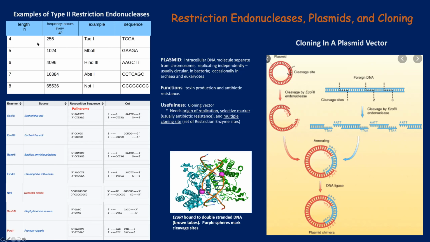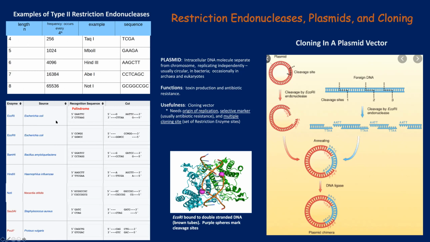So there are a lot of them. A 4 cutter chops up the DNA in very small bits. On the other hand, an 8 cutter has an 8 nucleotide recognition site and cuts every 65,000 base pairs. So very rarely. If you want very large pieces of a genome, you use an 8 cutter.